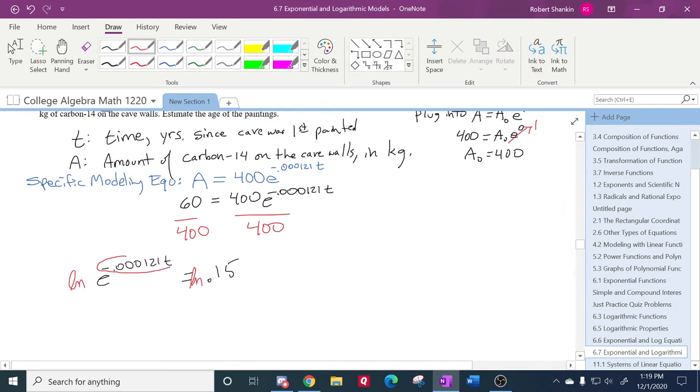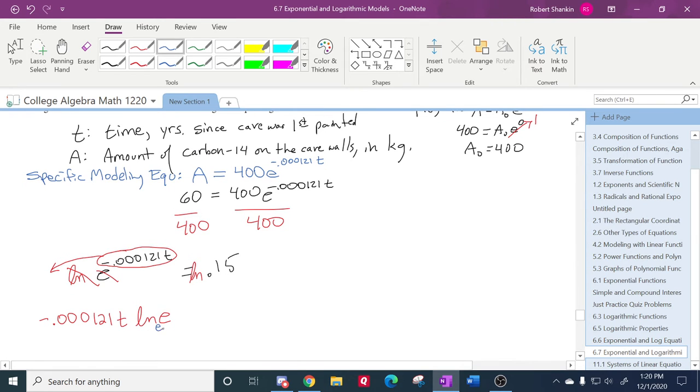After I take the ln of both sides, I get to use property 3 to pull this down. Or I could have just said these two kill each other off, because ln e is saying what is the exponent on top of e that gives you a result of e, and so this part is just 1. That is equal to ln of 0.15.